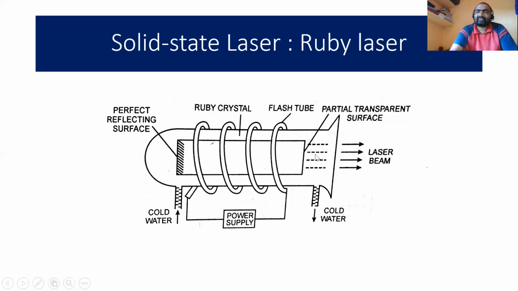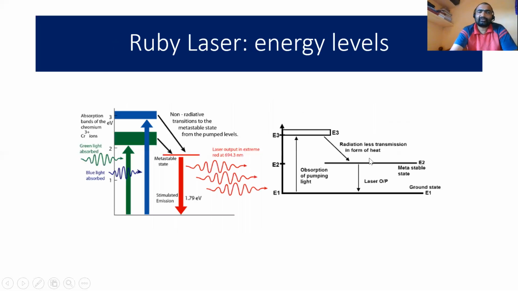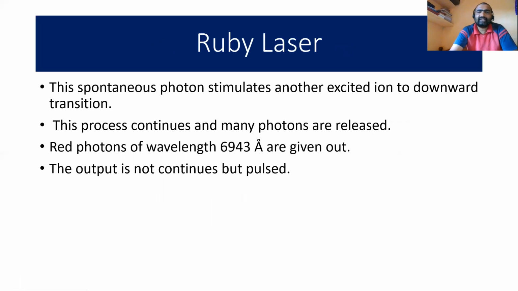If the intensity is sufficient, then the partially transparent surface will emit the photons. Now these photons are emitted, and this is nothing but a laser beam. This is the process of emission of laser light from the ruby laser.